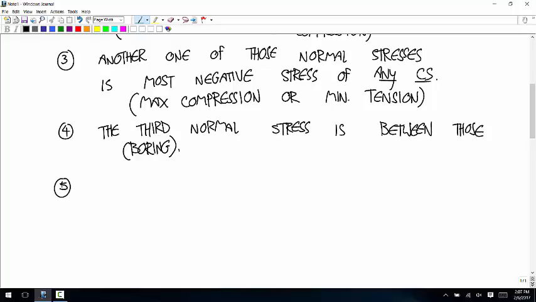The fifth thing is the maximum possible shear stress, the maximum shear stress that's possible in any coordinate system.